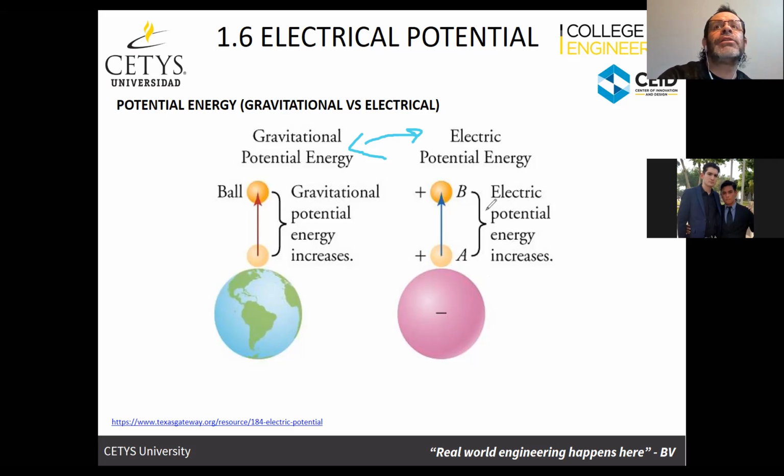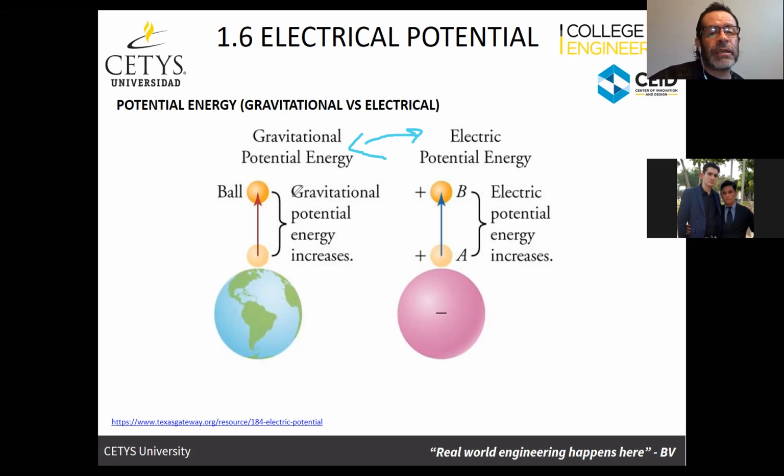So in the river analogy that we were talking about, if we have a positive electrical field from a positive charge acting on another positive charge, the further away we are, the more the electrical potential decreases. With two charges of the same sign, the closer we get, the more the electrical potential increases.